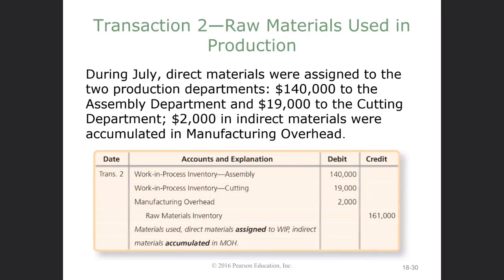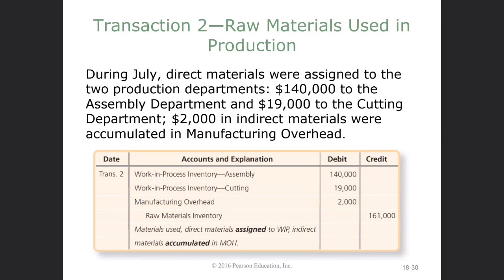So during July, in transaction 2, we have raw materials used in production. During July, direct materials were assigned to 2 production departments, $140,000 to the assembly department and $19,000 to the cutting department. $2,000 in indirect materials were accumulated in our manufacturing overhead. So for this one, we're going to debit 3 different accounts.